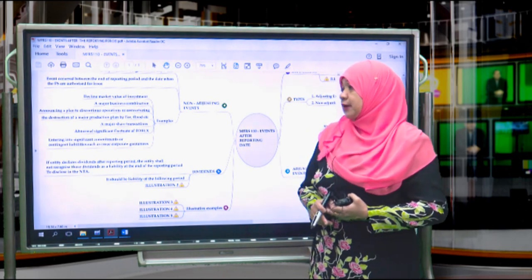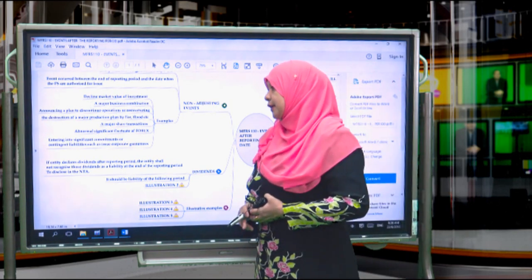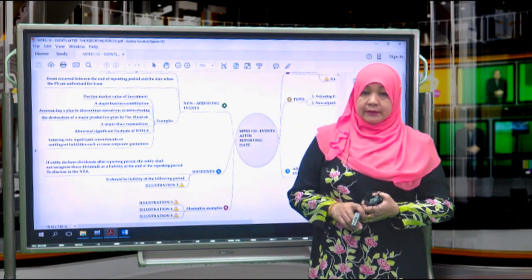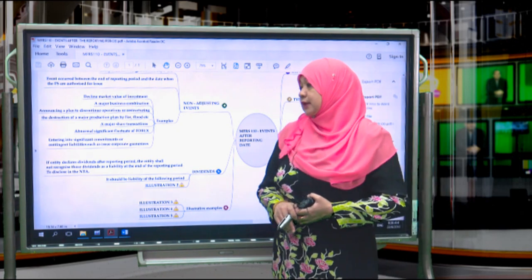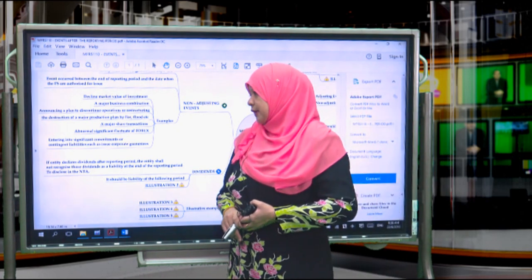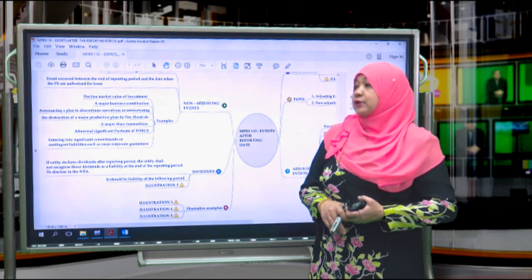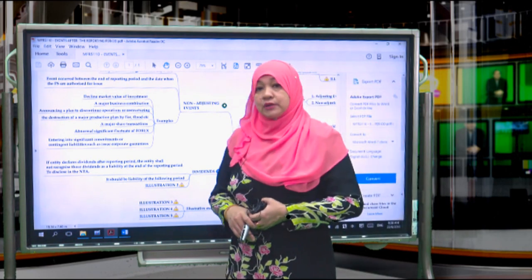Now if the company declares the dividend after the reporting period, then this entity should not recognize it as a liability at the end of the reporting date, but disclose it in the notes to the accounts.